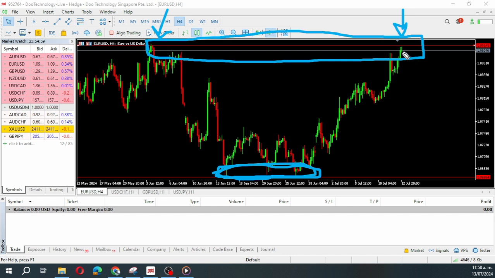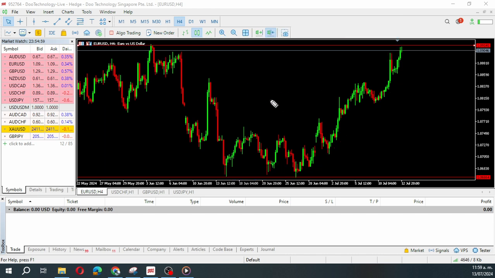So maybe in this area the price begins to behave like this, and then comes down. Okay, maybe it's going to come down. Maybe if we can make some very simple trend line, right?